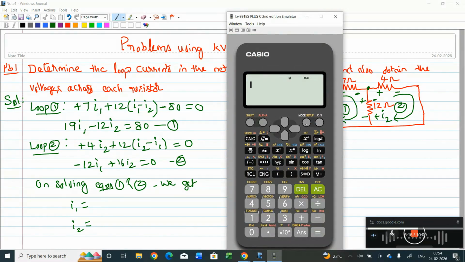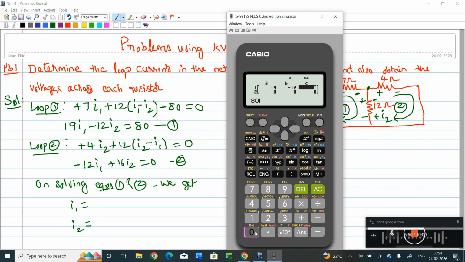In the calculator, select the equation mode. So click on mode. Equation is at the fifth option. So select the equation mode. As we have two unknowns, option 1 corresponds to two unknowns. Select option 1. Here we need to enter the equations. A corresponds to the first variable coefficient, B corresponds to the second variable coefficient, and C corresponds to the constant term on the right hand side of the equation. So in the first equation, the I1 coefficient is 19 and the I2 coefficient is minus 12.